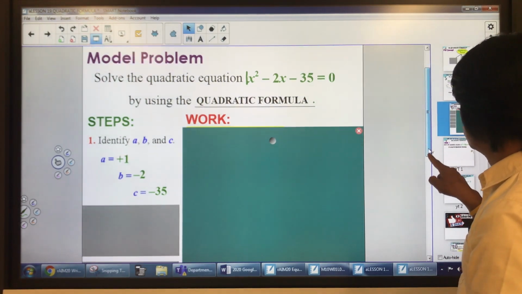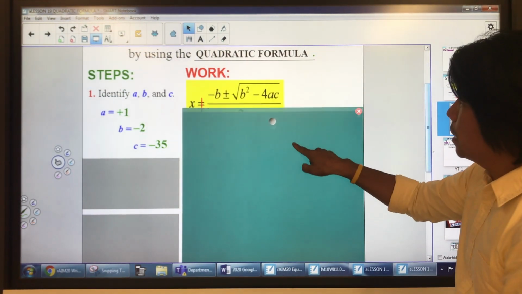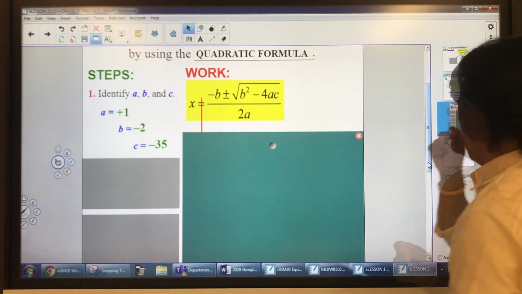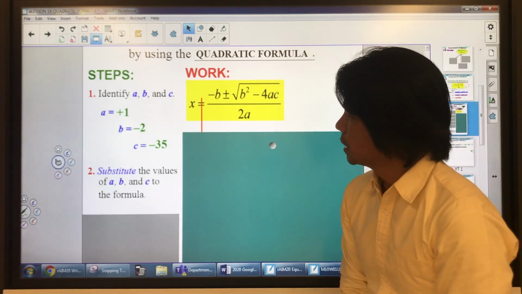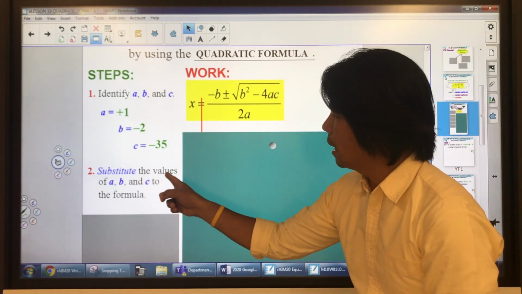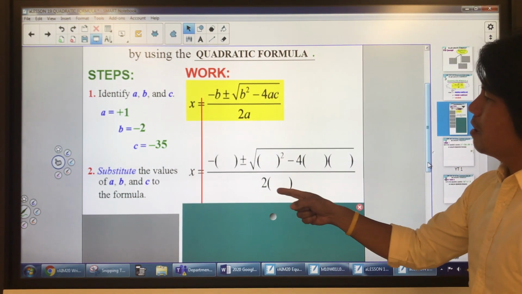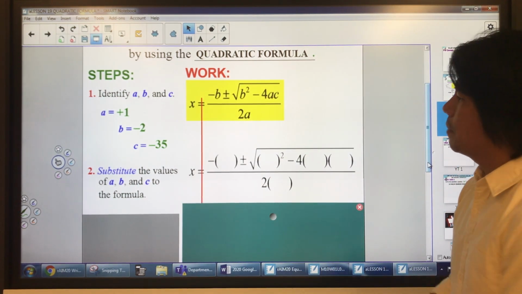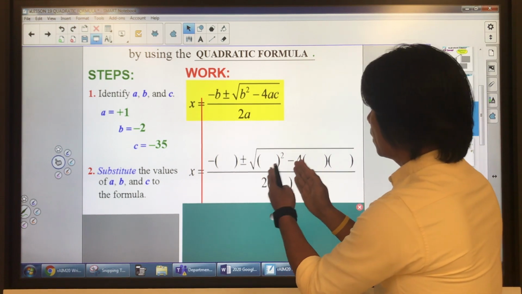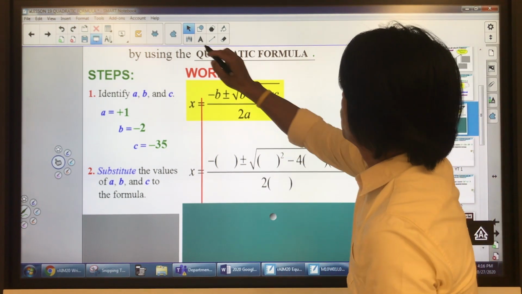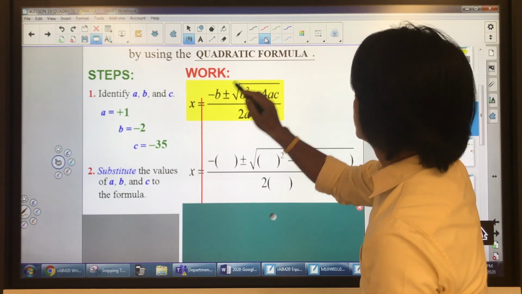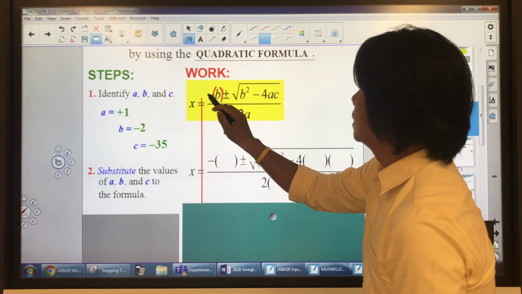Alright? Now, we have this formula. Step 2: substitute the values of a, b, and c into the formula. I set it up for you in a way that I put parentheses around each variable here. You see here, it says negative b.